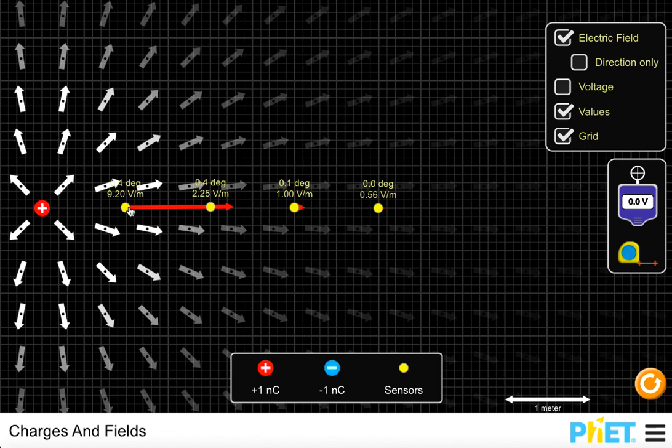So we're able to use the distance of each sensor and the field at that place, or the force that sensor would experience, to investigate the relationship between distance and force, or the effect that distance has on the force that each of these sensors experiences.